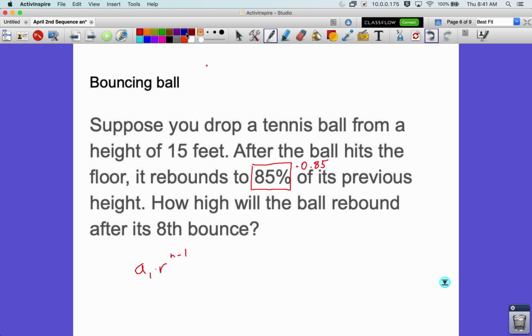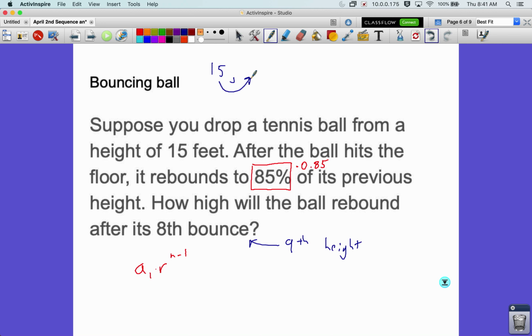But this isn't going to exactly work for the 8th bounce, because the 8th bounce is the 9th height. So I'll let you think about that. So we start at 15. All right, 15 is our first height. It's multiplied by 85%.